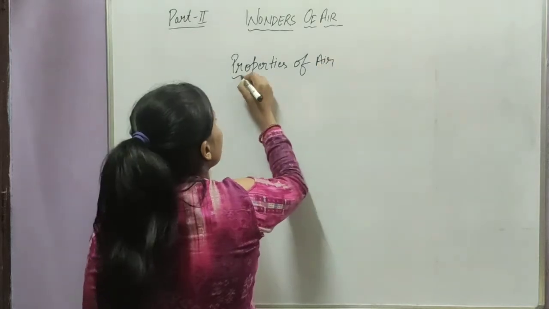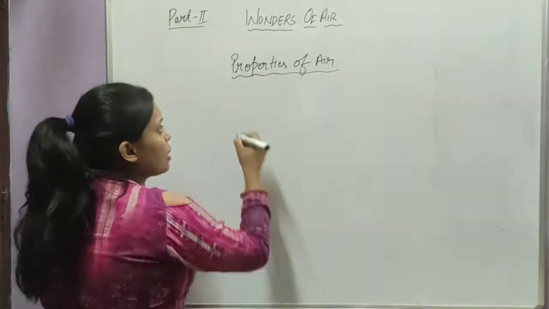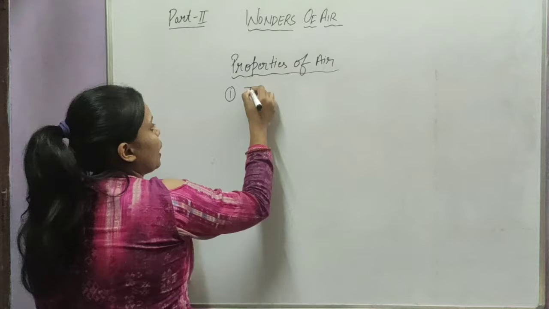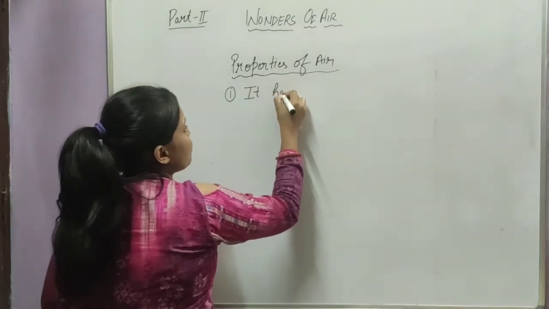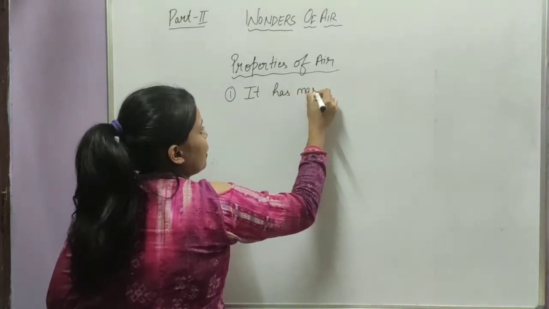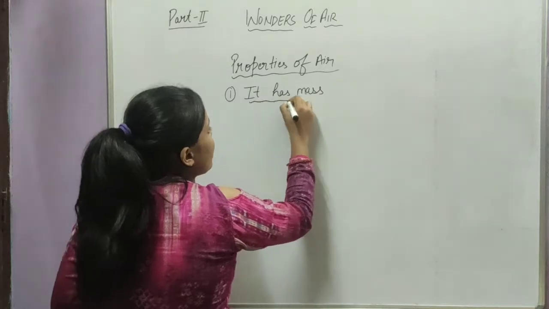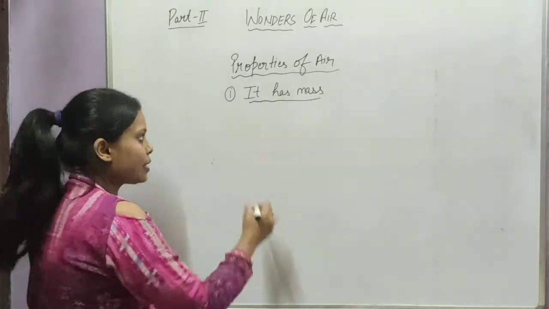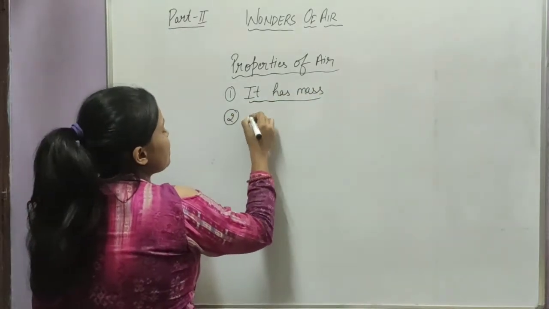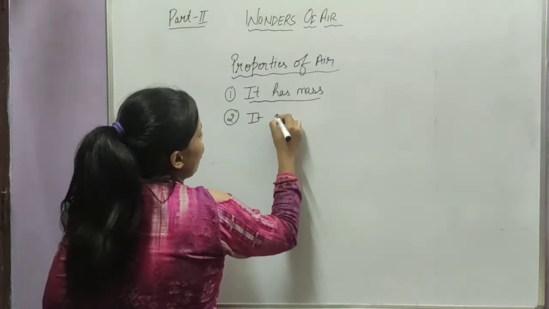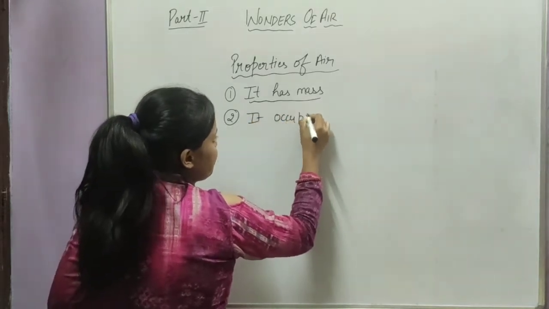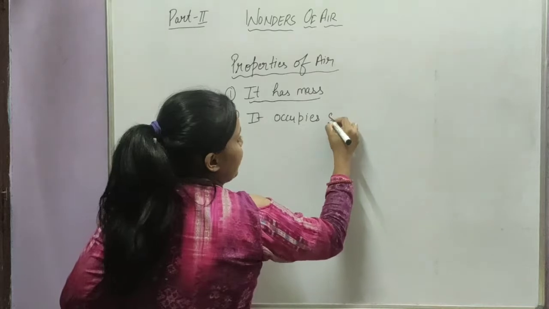So air has some properties. It has mass, that means it has some weight, right? Next, it occupies space.